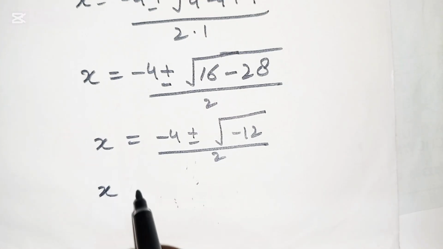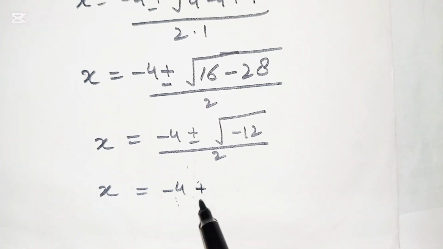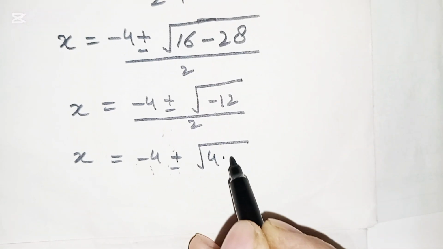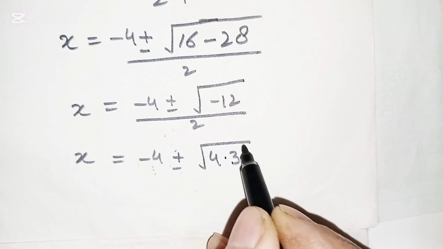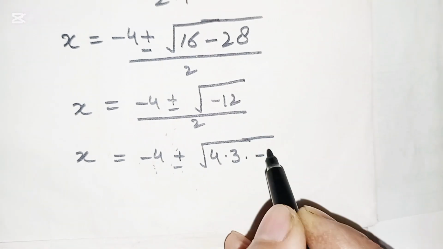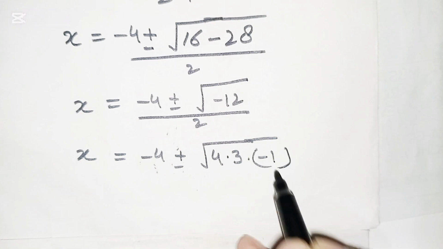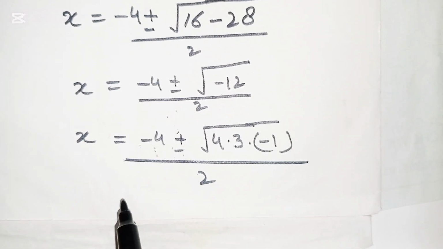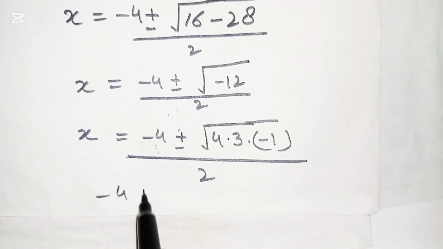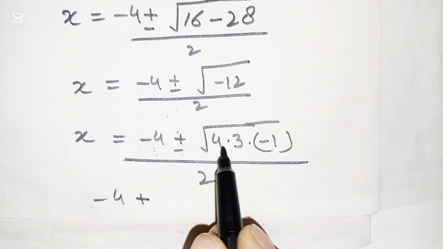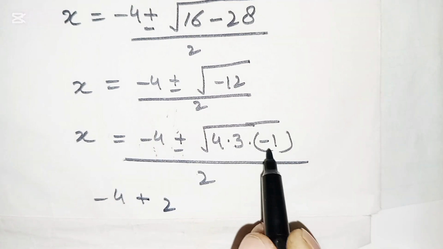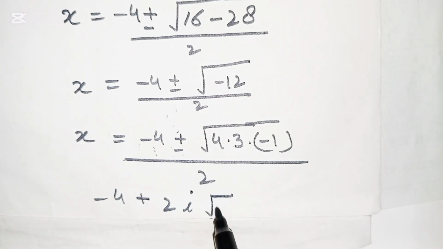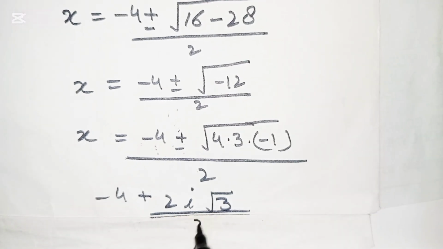And now x is equal to minus 4 plus minus square root of this minus 12, which can be written as 4 times 3 times minus 1, and then over 2. And now this 4 can be written as 2 and this minus 1 can be written as i, and square root 3, and then over 2.